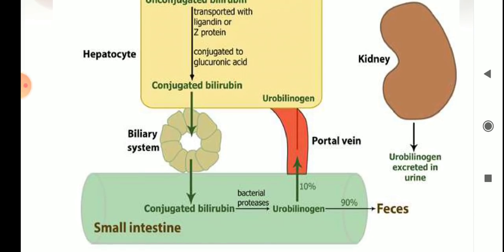Here the conjugated bilirubin is converted by bacterial proteases to urobilinogen, which is excreted in the feces. About 10% of urobilinogen comes back into the portal vein.